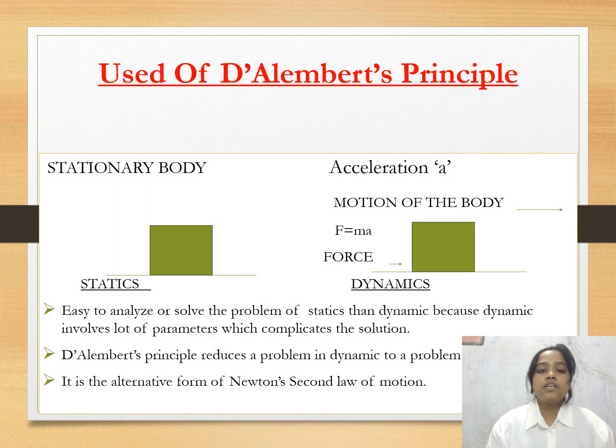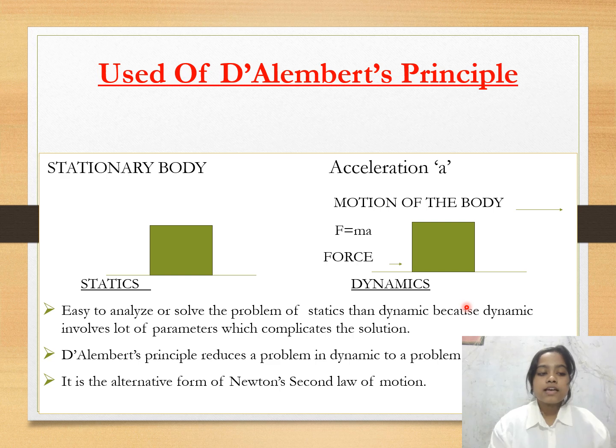Now, what is the use of D'Alembert's principle? So this is a stationary body which is at rest, and this is a body which is in motion. Here you can see force is applied, with mass times acceleration. So basically, D'Alembert's principle helps to solve problems of statics rather than dynamics.